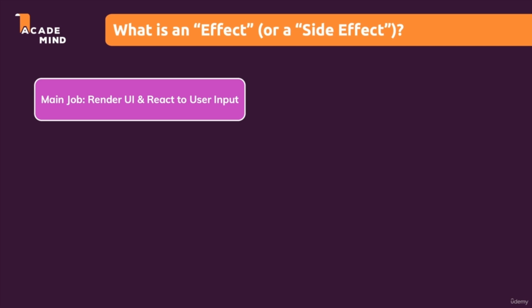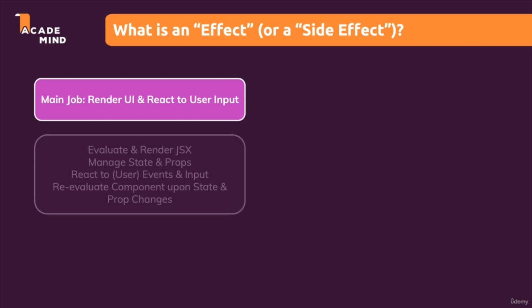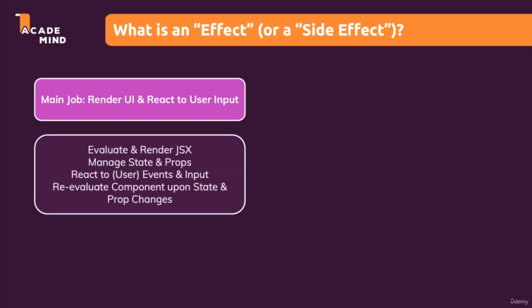With state and events and all of that, the main job was to bring something onto the screen and to make sure that the user may interact with that something and that what's shown on the screen may change based on certain events, for example, based on a button click or some text being entered. So therefore, that's the main job of React and of our application.